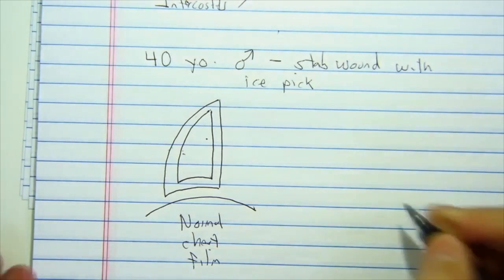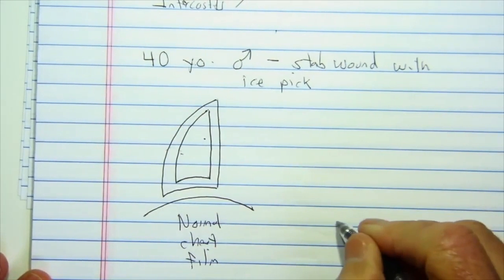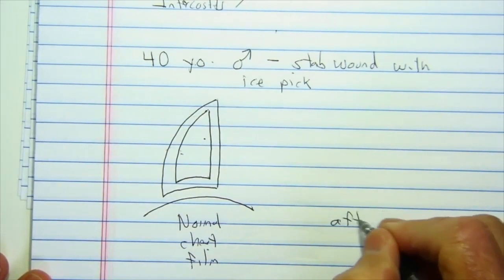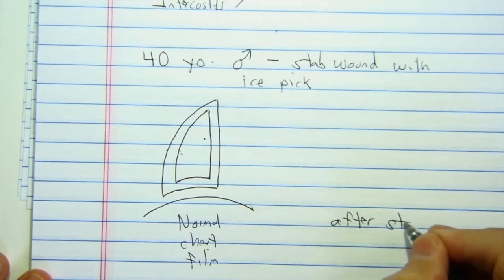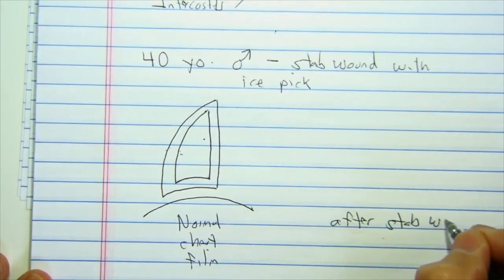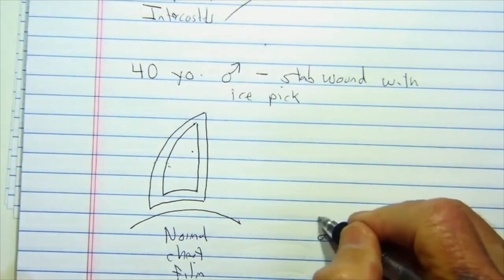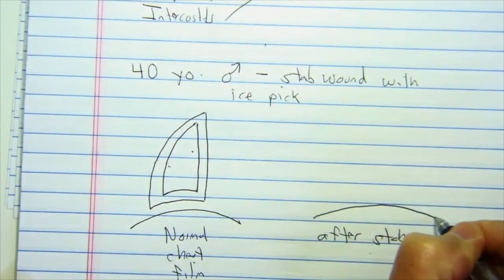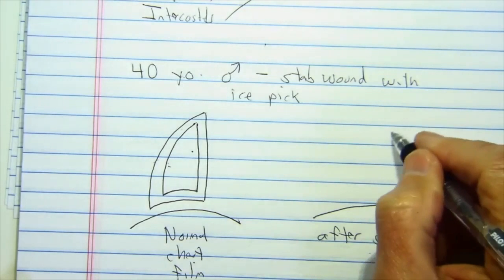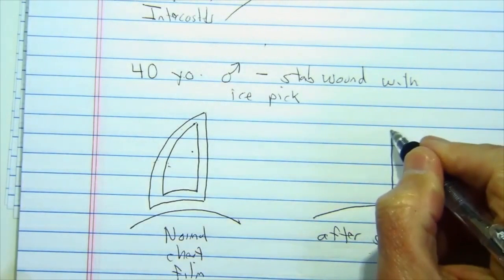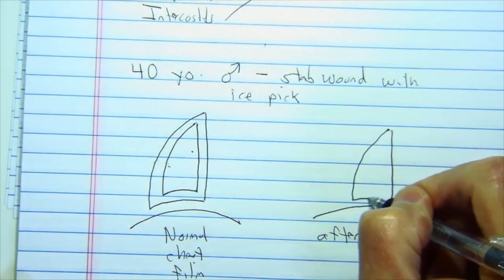But now, if I had a chest film after the stab wound, the chest film would still have the diaphragm. I would still have the parietal pleura in place.